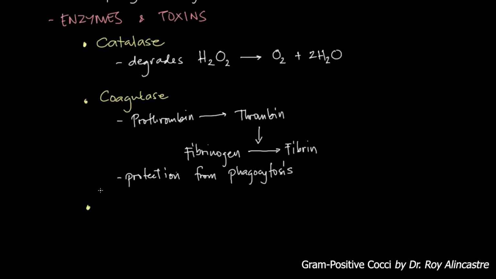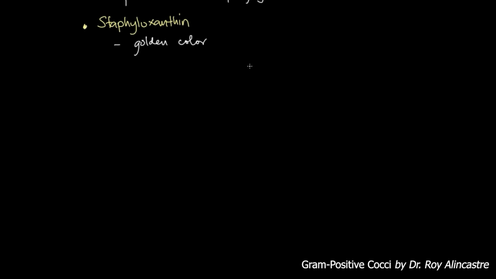Staph aureus also produces staphyloxanthin. This is a carotenoid pigment that gives the colonies their golden color. So again, this is why it is called aureus. This pigment actually enhances the pathogenicity of staph by inactivating the microbicidal effect of superoxides and other reactive oxygen species, or ROS, produced by the neutrophils.